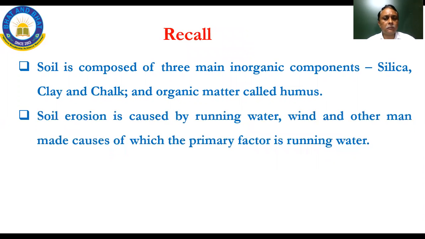Then soil erosion is caused by running water, wind and other man-made causes, of which the primary factor is running water. We have also discussed the soil conservation measures, which is done by way of afforestation and checking of overgrazing, construction of dams and barrages, and by improved methods of agriculture. This was the conservation methods.